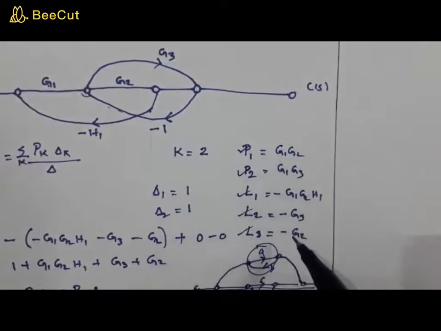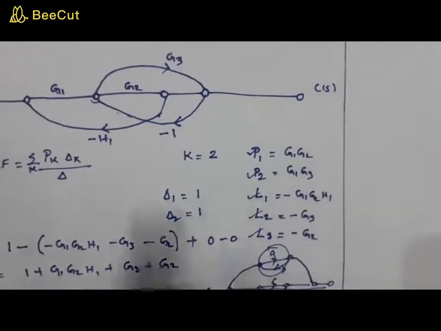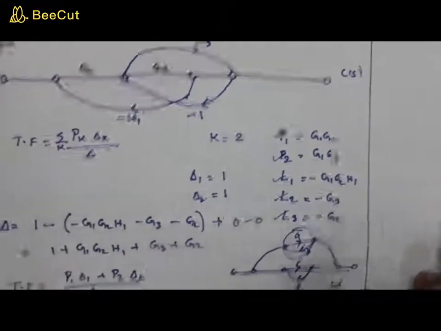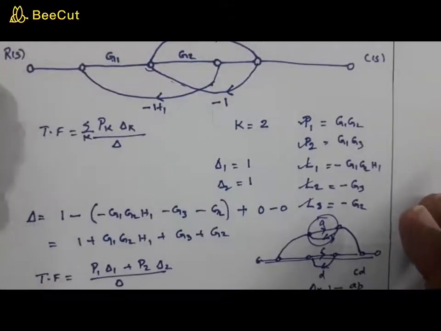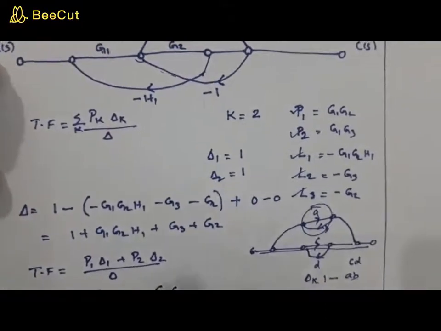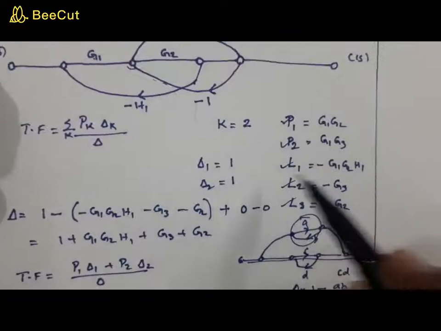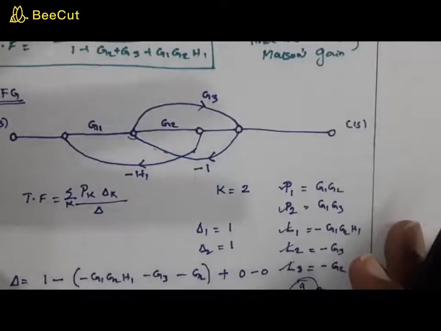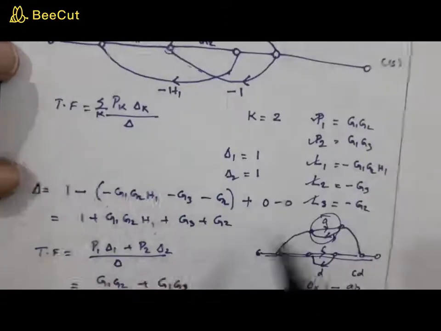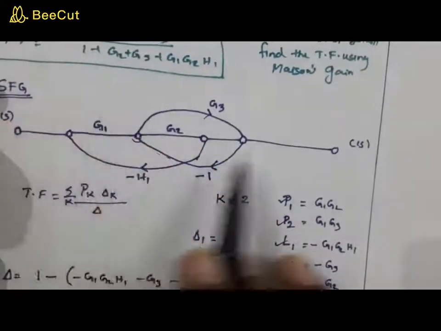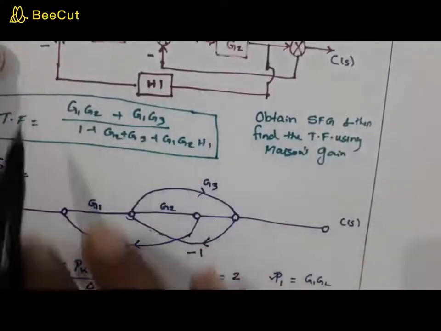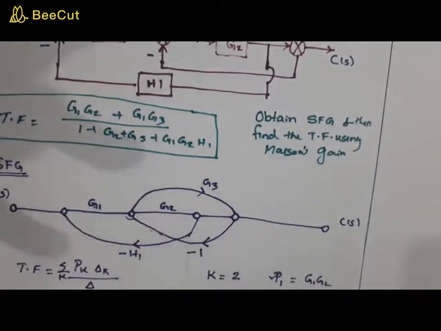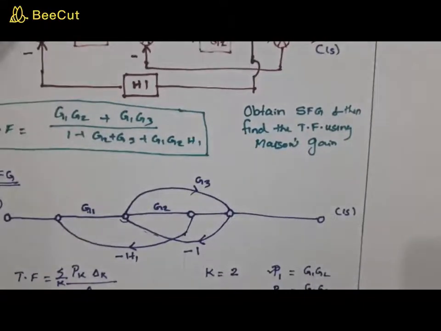Once you find this out correctly, then it is quite simple. It will take only a few minutes to arrive at the transfer function. When you practice this method a lot, you can simply, by seeing the signal flow graph itself, tell the transfer function from the figure itself. Okay, so that's it.